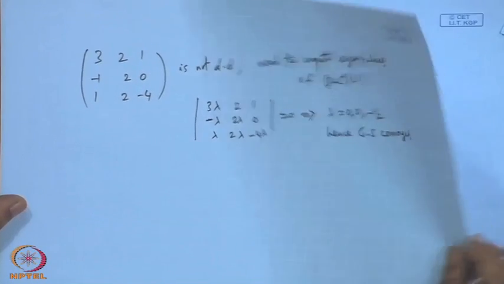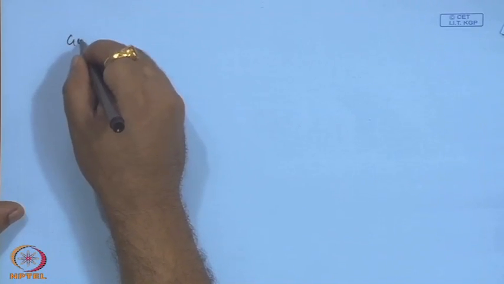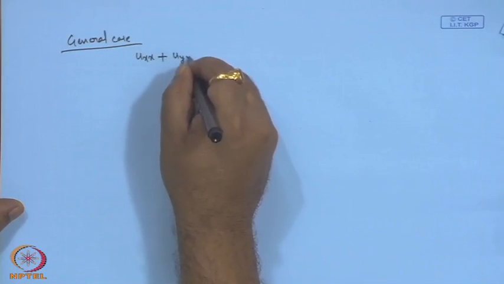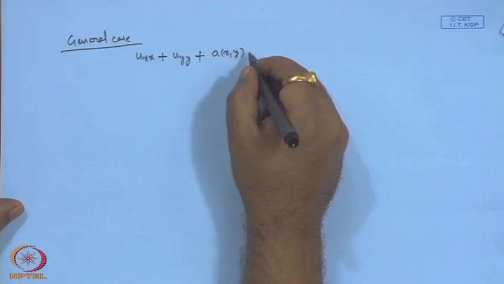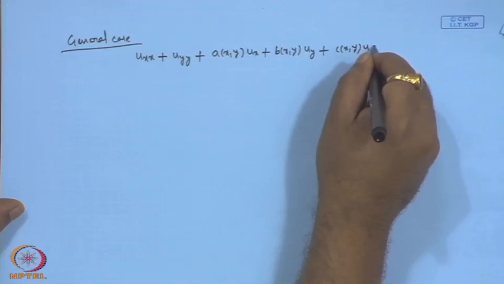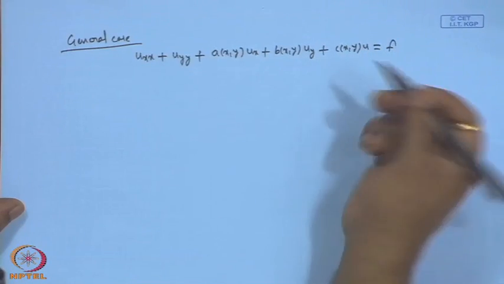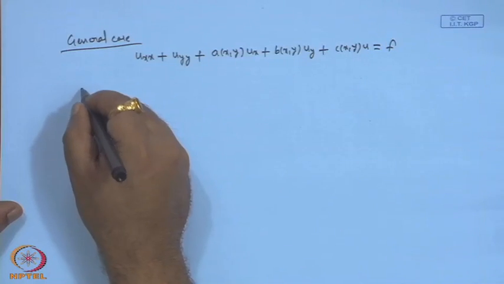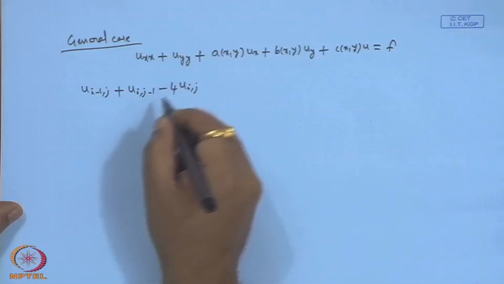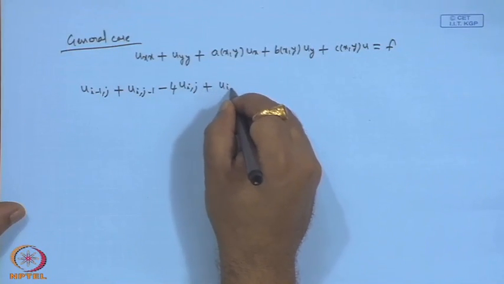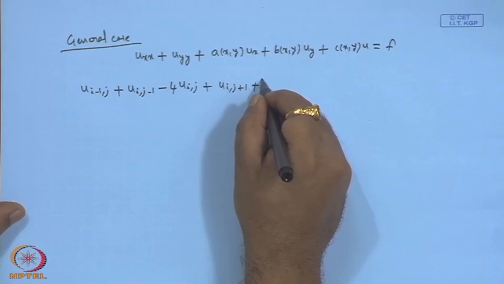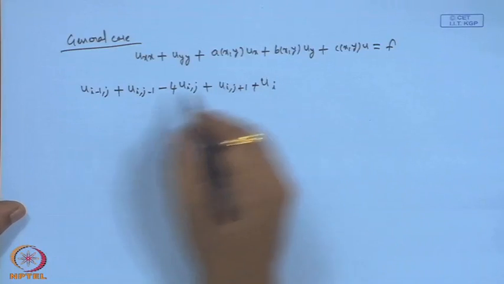So, now let us see a more general Laplace equation. So, this is given with a Dirichlet condition, then if we approximate for this, so I minus 1 j.